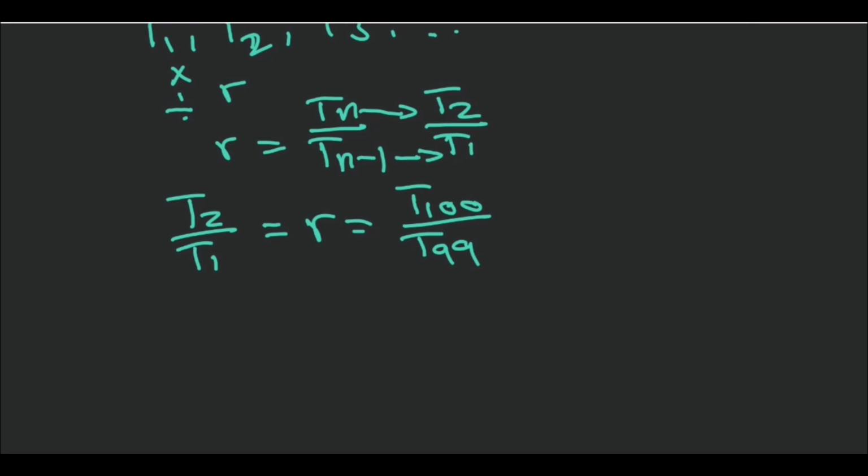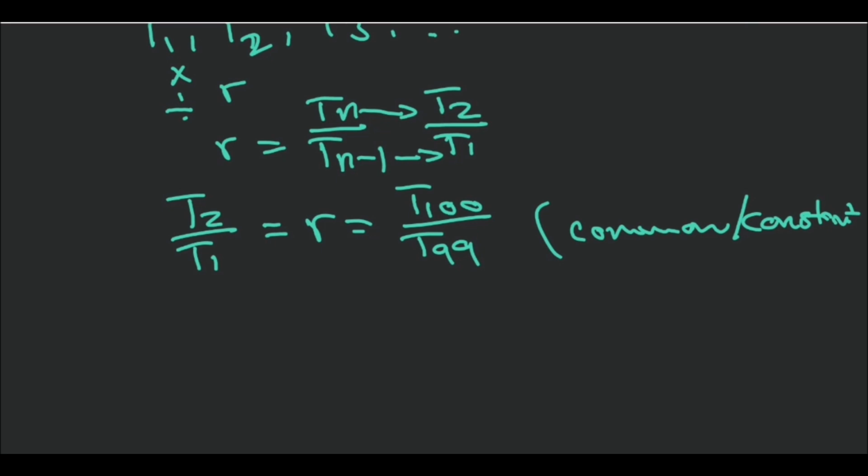So we must get the same value of the ratio. It should not change, hence common or constant. That's what it means when we talk about this common or constant ratio.